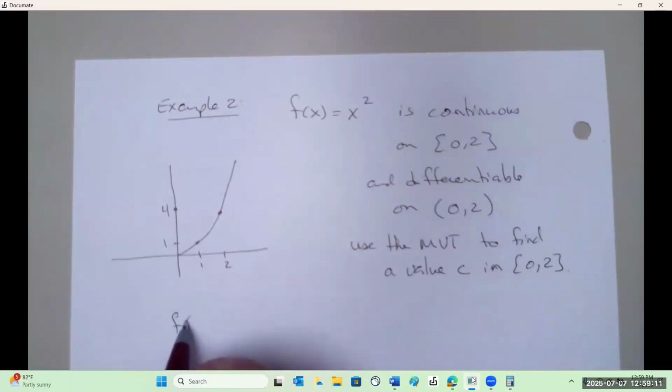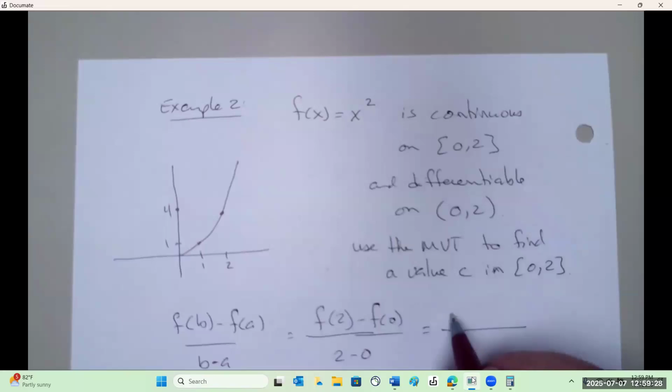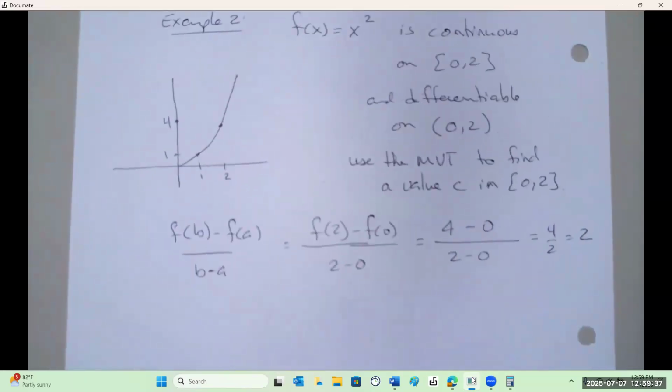So we have to do f of b minus f of a over b minus a, which is f of 2 minus f of 0 over 2 minus 0. f of 2 is 4. So that's the average rate of change.